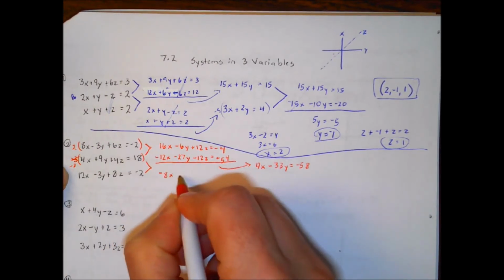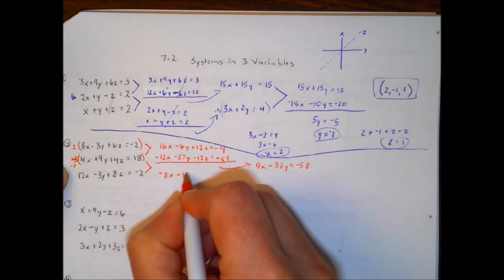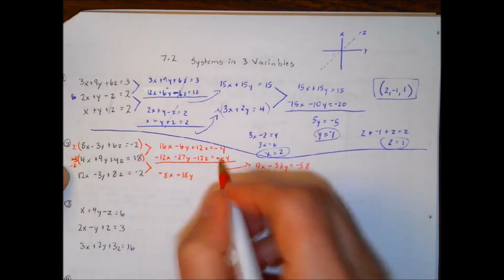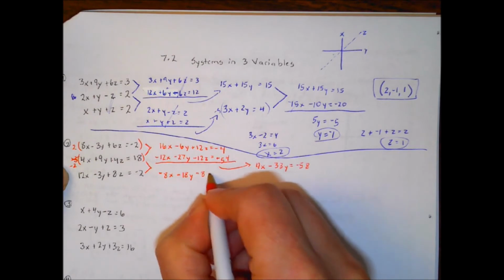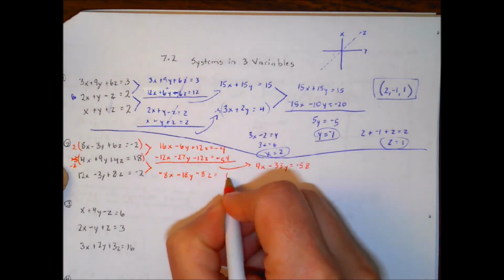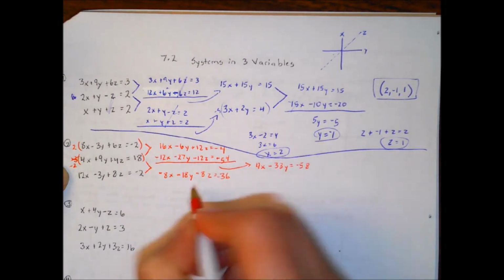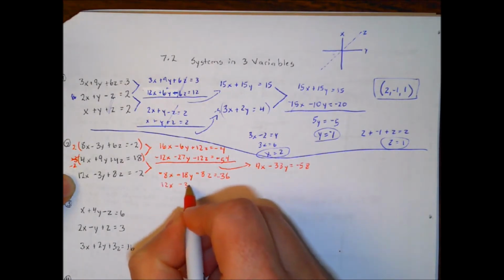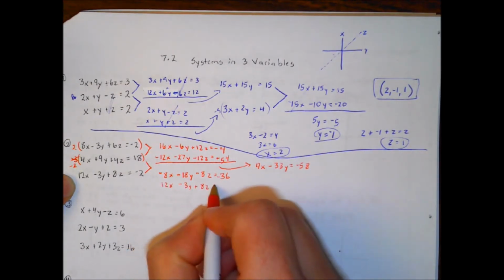So x's cancel. And that would be negative 20. And dividing gives me y is equal to negative 20 over negative 12, which would be 5/3.